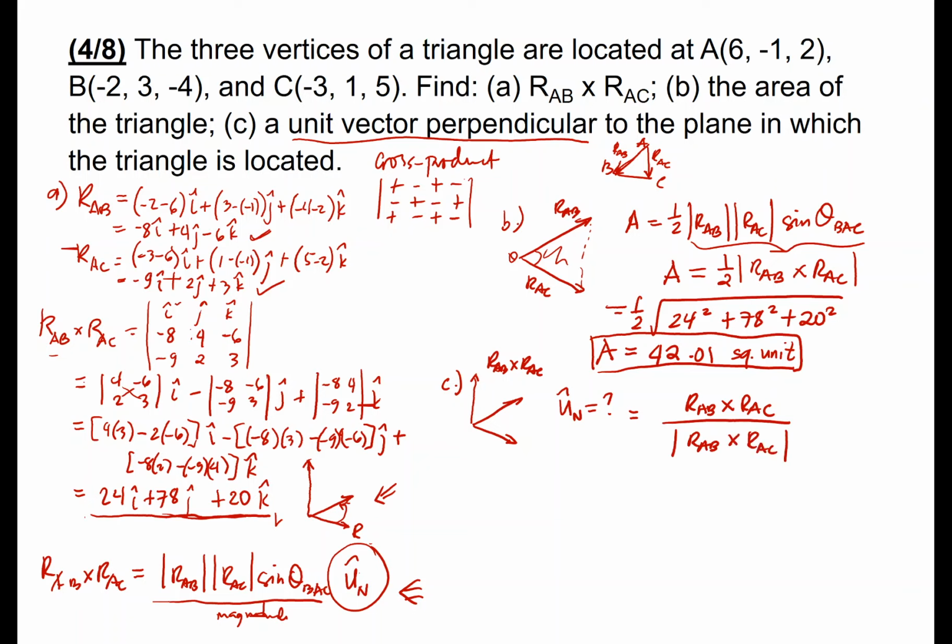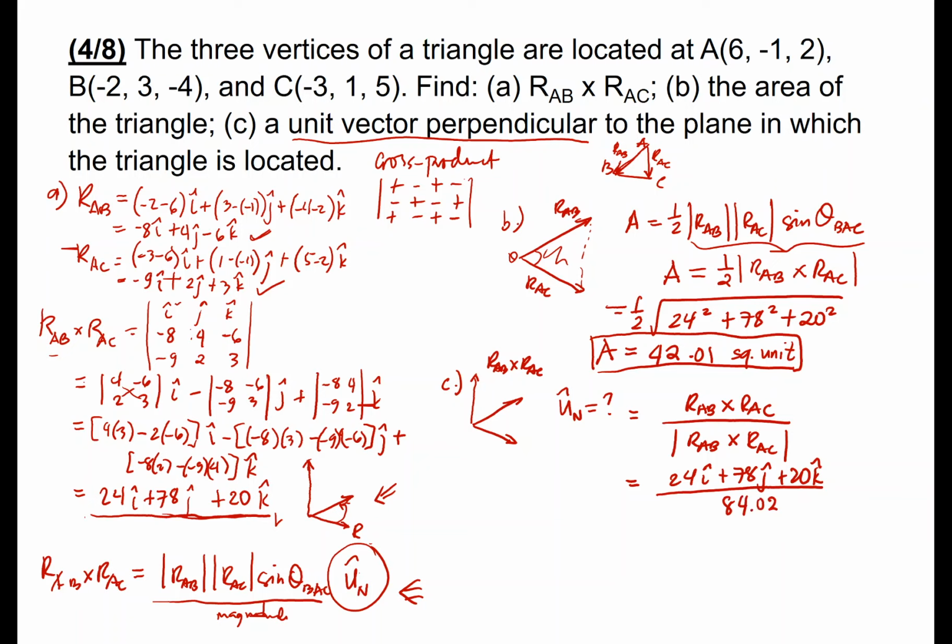This magnitude is equal to 84.02. So we have this expression 24i plus 78j plus 20k divided by 84.02.